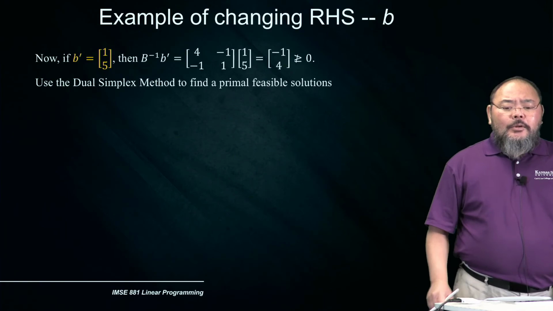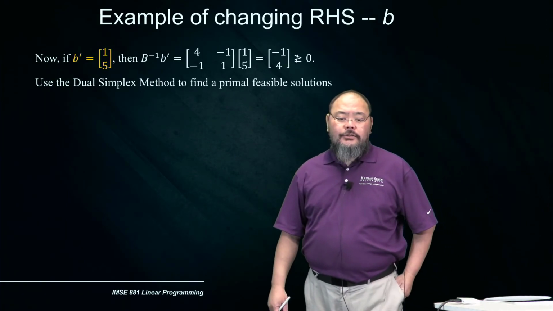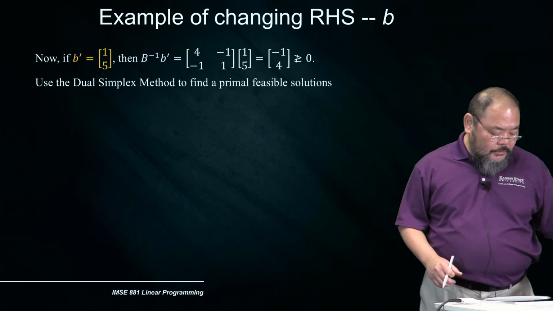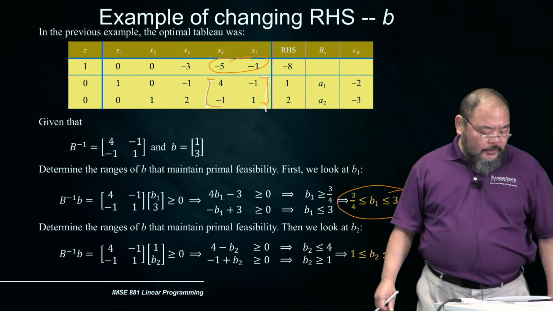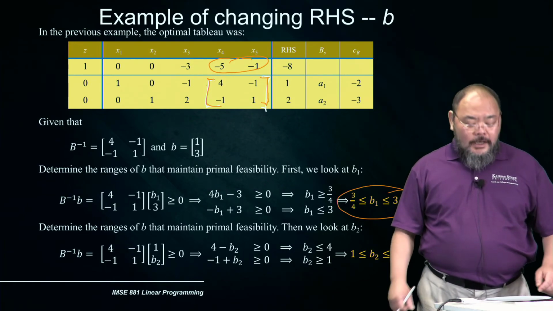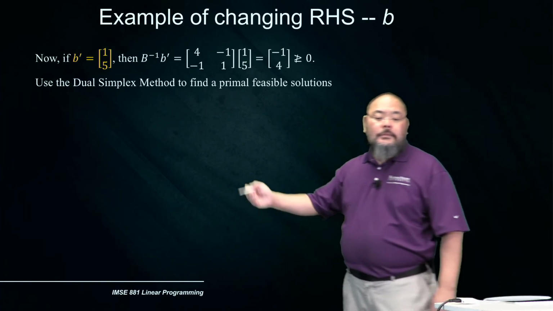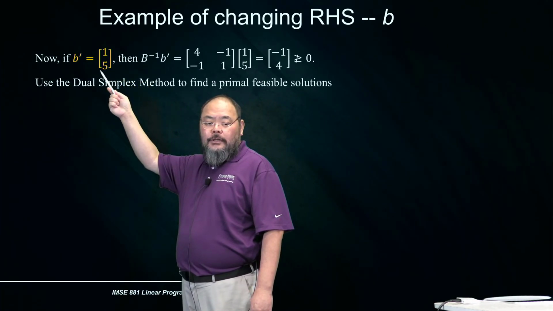But what if B2 changes from the current 3 to 5, and we see what happens. So right here, B1 stays at 1, B2 changes from 3 to 5.